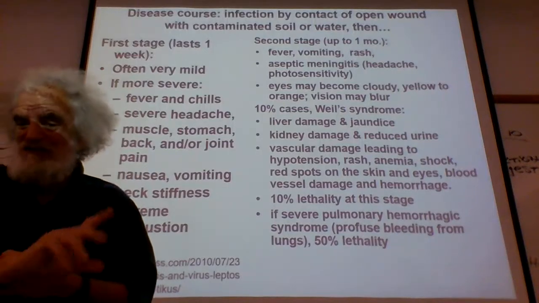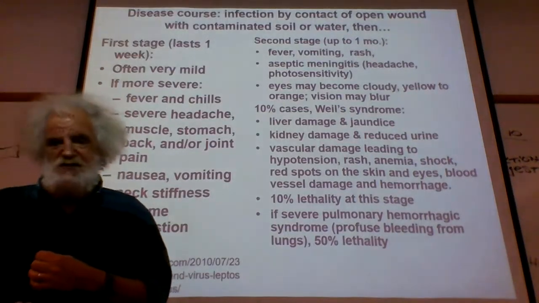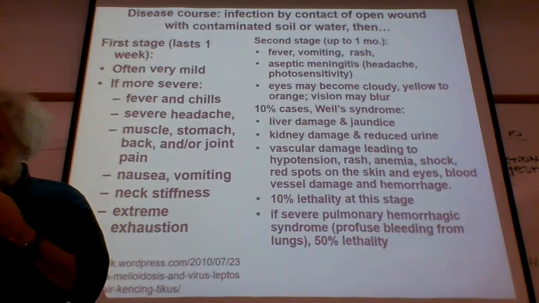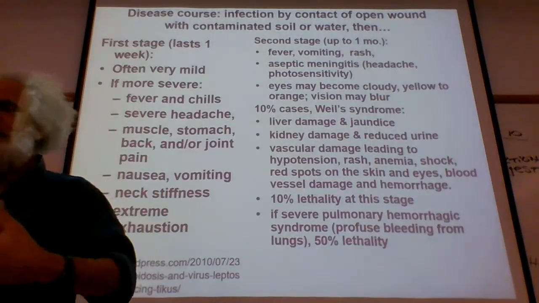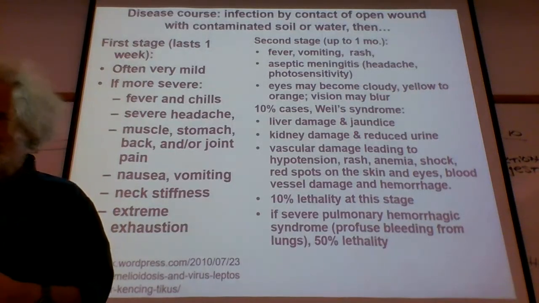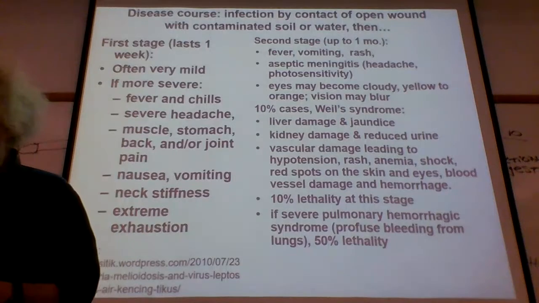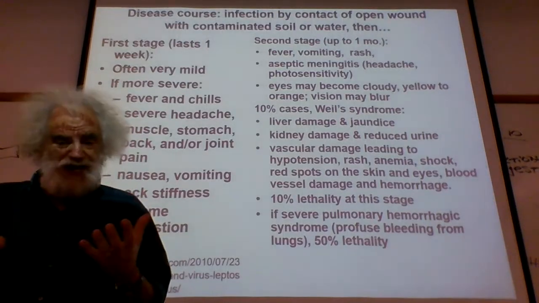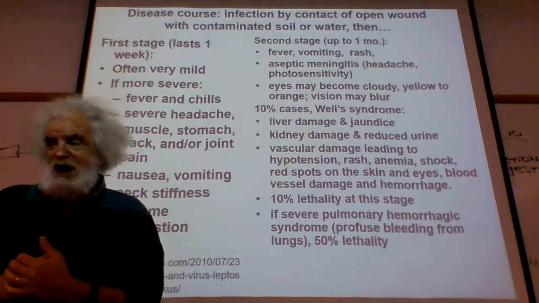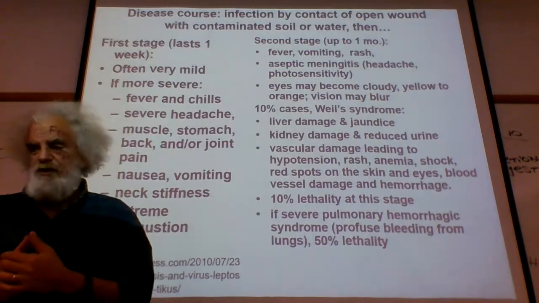You do have neck stiffness, which is a bit of a key that this is a bacterial problem and not a viral problem. The second stage, we start to have more kinds of systemic infections. Eyes can become cloudy. You start ending up with liver damage, which is part of why the eyes become cloudy and yellow, jaundice. Kidney damage, reduced urine output.